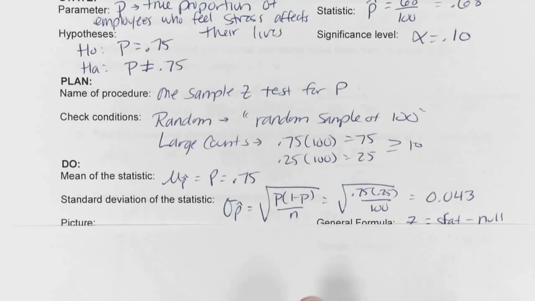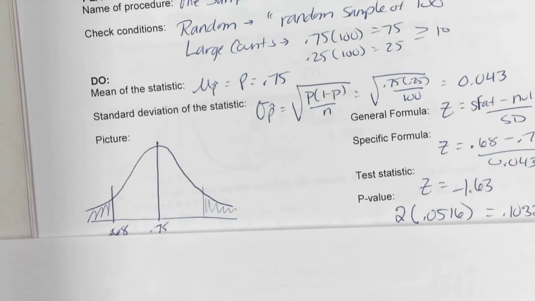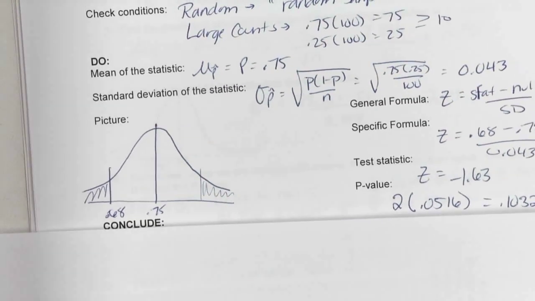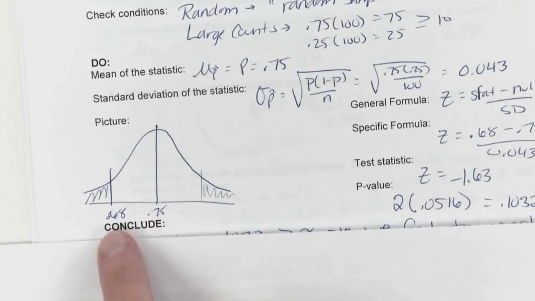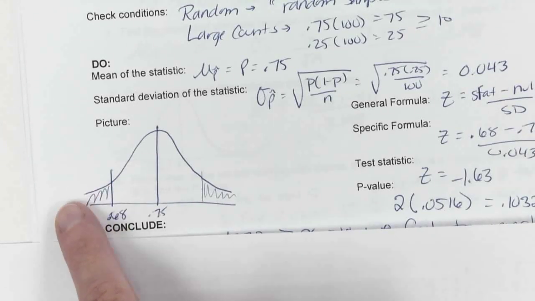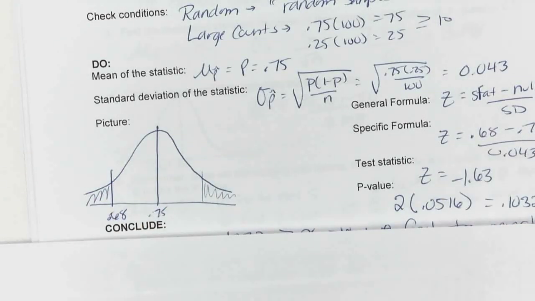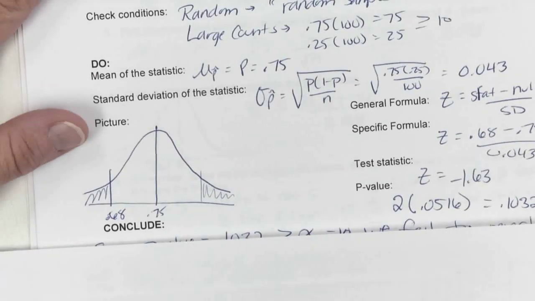Now, I should slide this down a little bit, draw and label your picture next, to kind of put that together, be sure to label the mean in the middle. Our sample value of 0.68 is on the left. We're going to get this tail end value in a moment for our p-value. But because we're looking for evidence that is different, either side would yield convincing evidence if the p-value is small enough. So we'll have to keep that in mind.